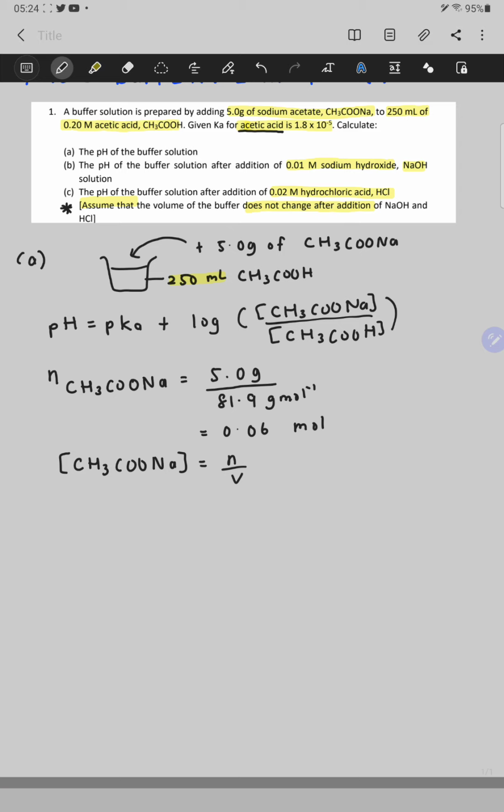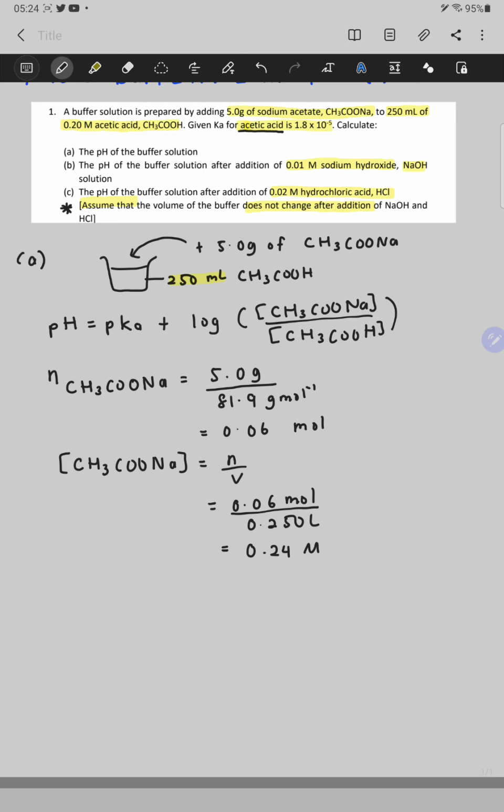So this will be your volume of the buffer. So it will be 0.06 mole divided by 0.250 liter. Always remember, volume must be in liter if you want to calculate the concentration. So the concentration of salt will be 0.24 molar.